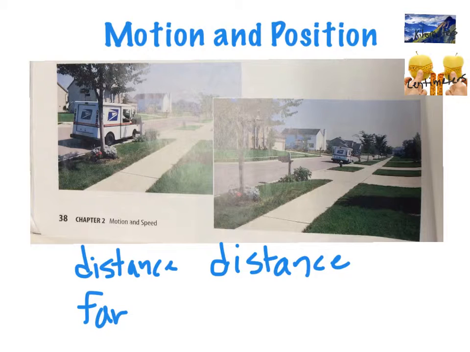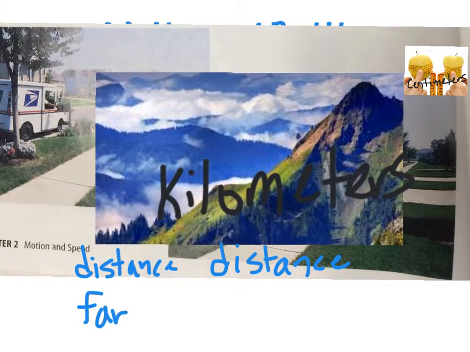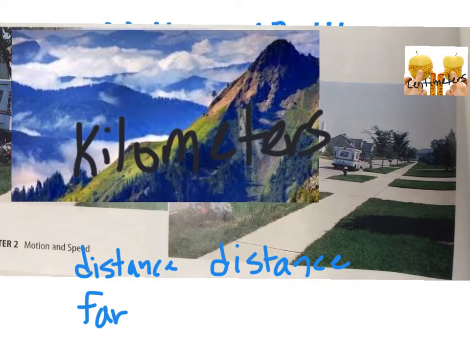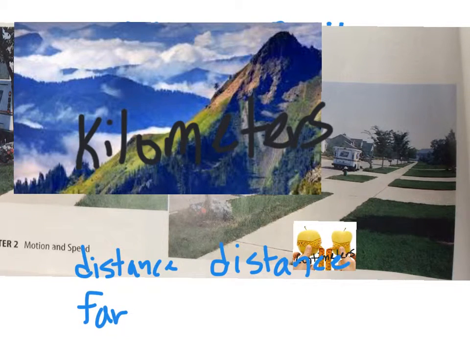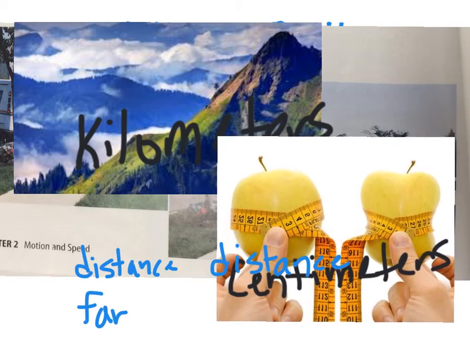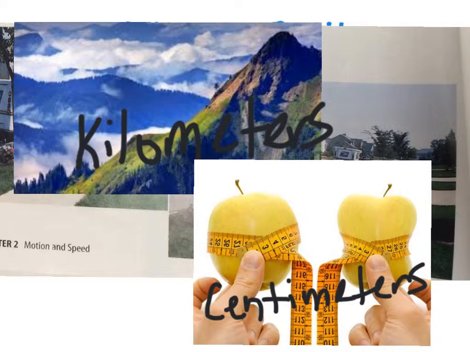So in this picture we could measure out how far the mailbox has actually moved from the one mailbox to the next, and that would let us know the distance that it has traveled. For us, long distances are going to be measured in kilometers, while short distances are measured in centimeters. So kilometers and centimeters.